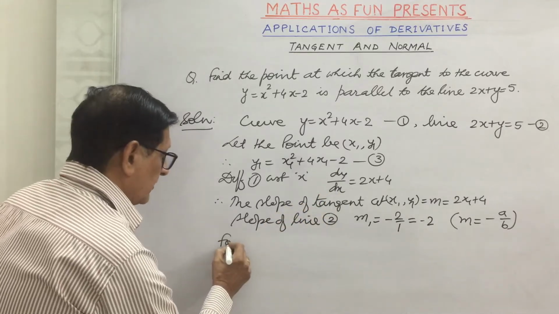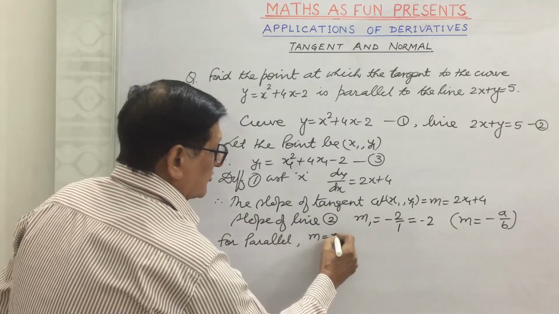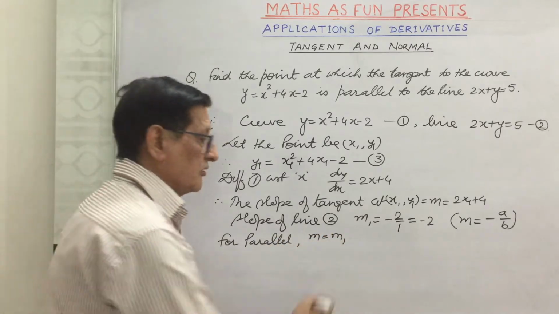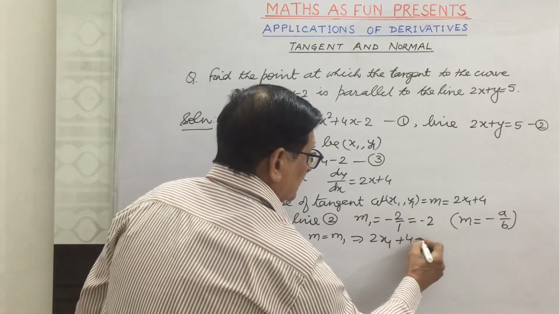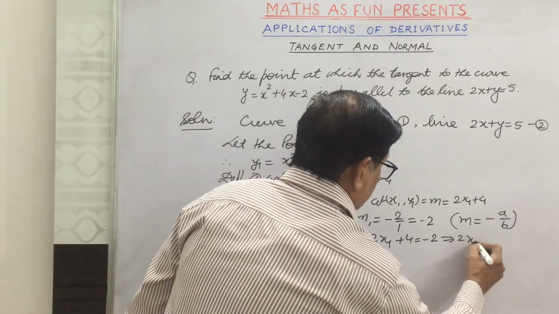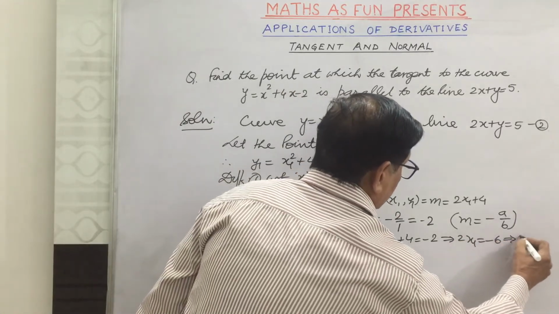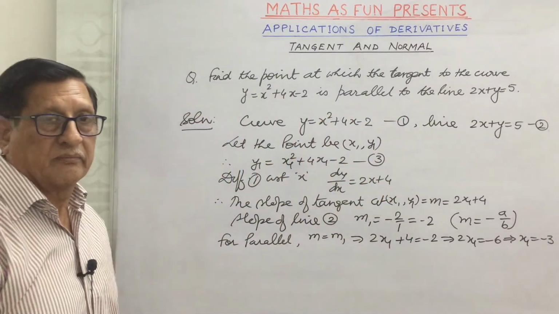So we can write for parallel, m is equal to m1. This gives us 2x1 plus 4 is equal to minus 2, or we write 2x1 is equal to minus 6, which gives us x1 is equal to minus 3.